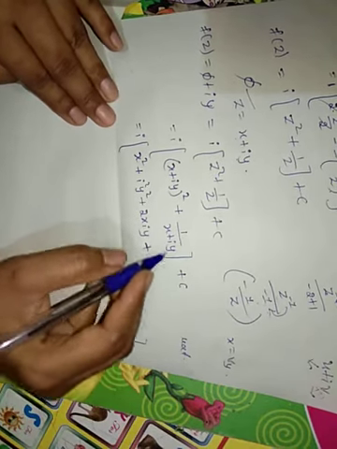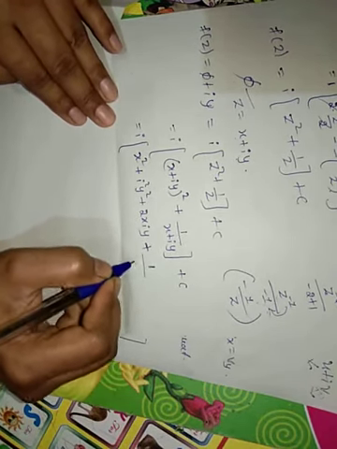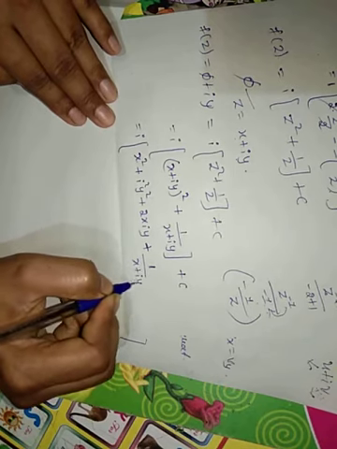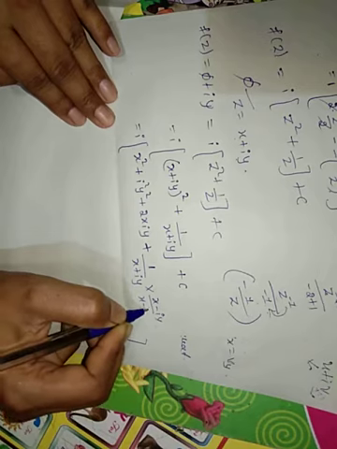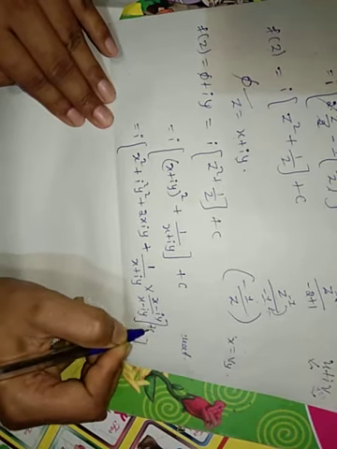To simplify it, I am going to rationalize the term: 1 by x plus iy into x minus iy divided by x minus iy, plus constant c.